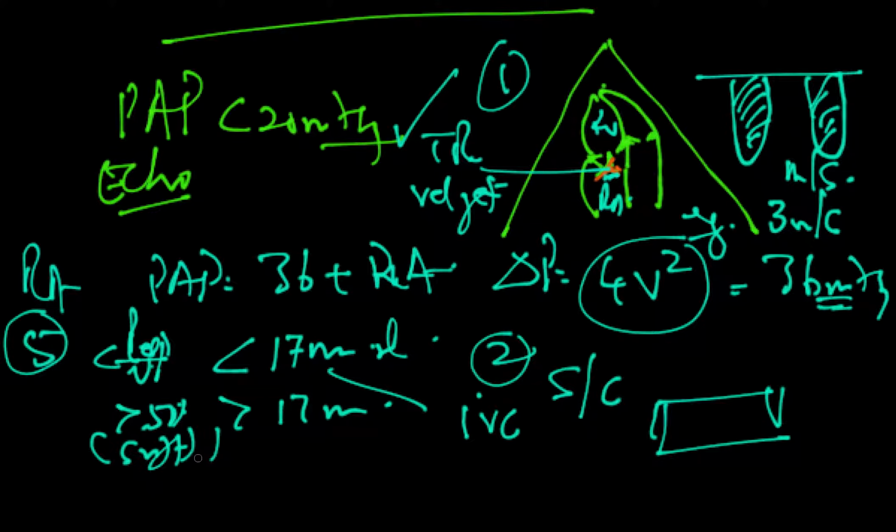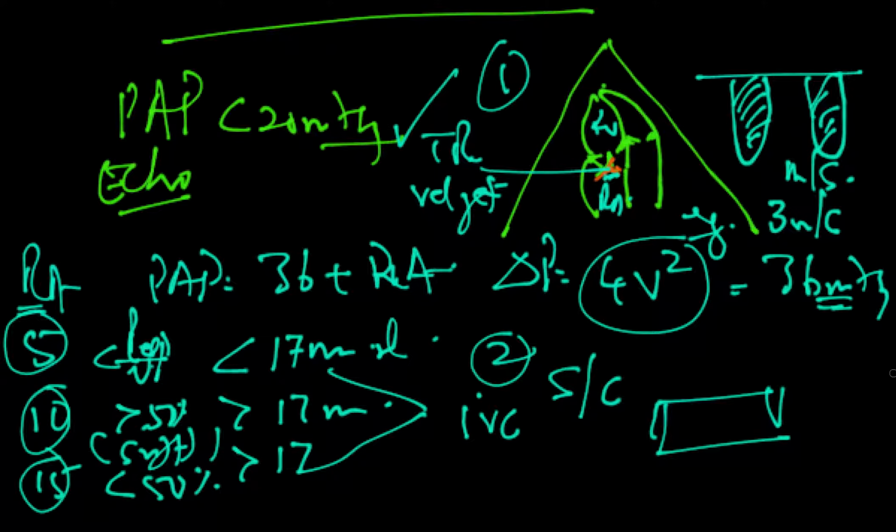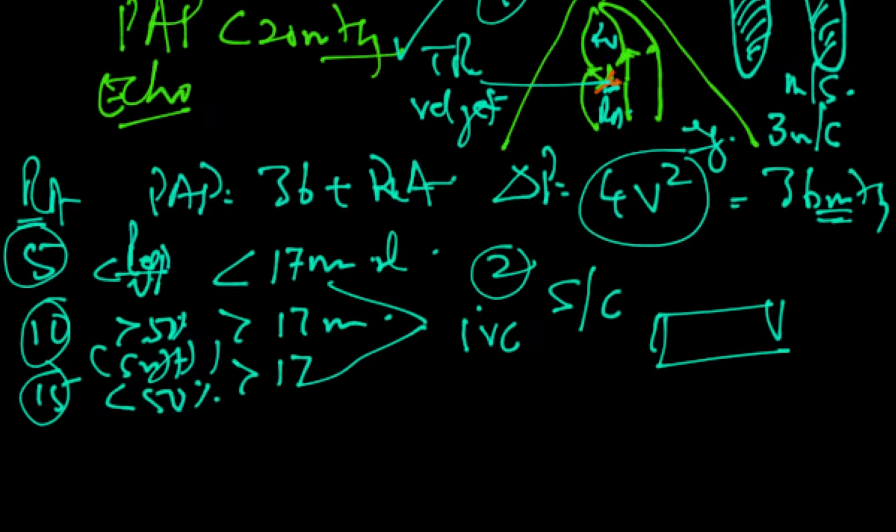Have the patient quickly sniff, then you compute 10 millimeters for the RA. If the IVC is again more than 17 and it is less than 50% compressible during the sniff test, then add 15 millimeters to the RA in the equation.